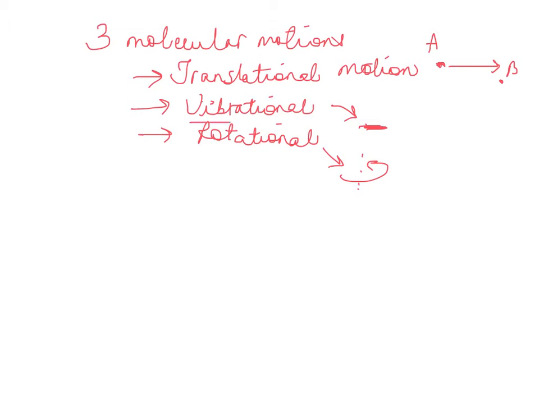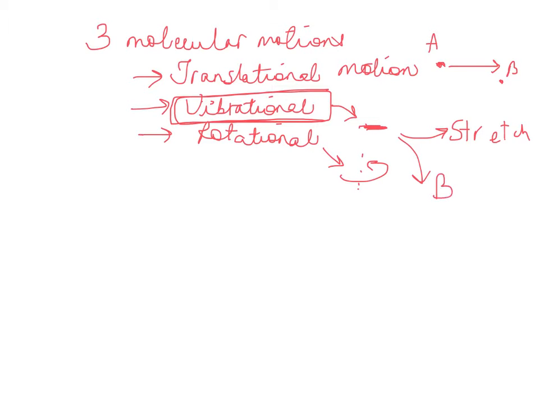Turns out that the IR has the energy to facilitate the vibrational motion. What that means is that IR would be able to introduce 2 kinds of movements. One is called stretching. The other is called bending.